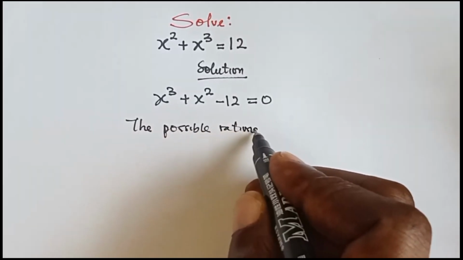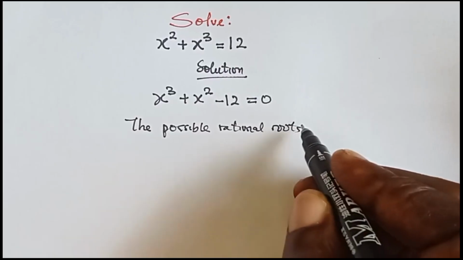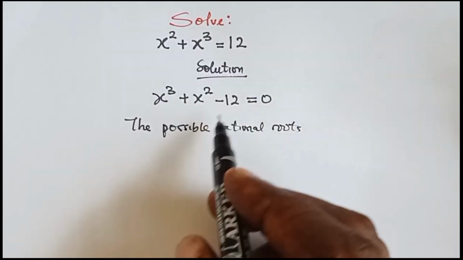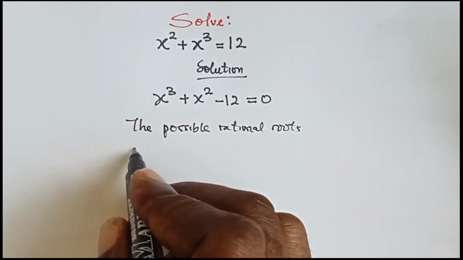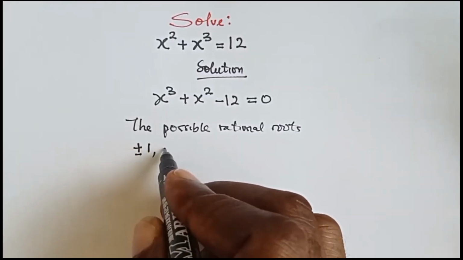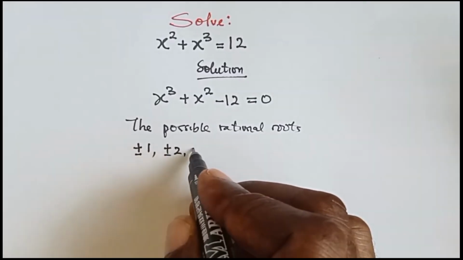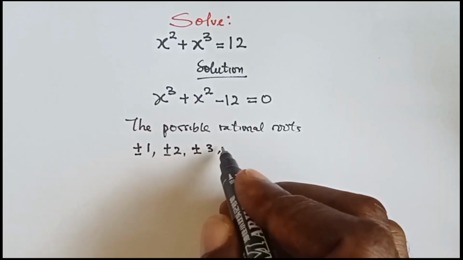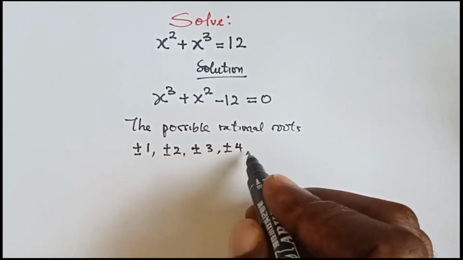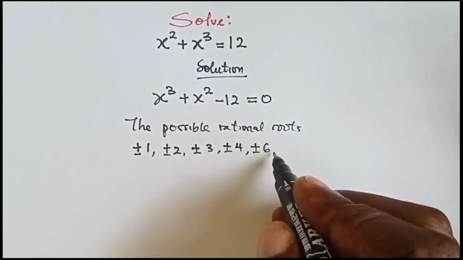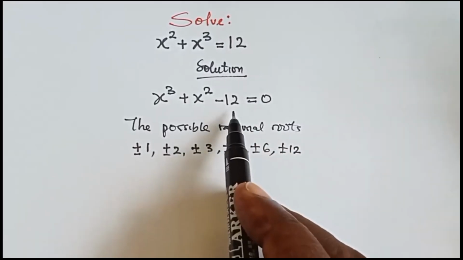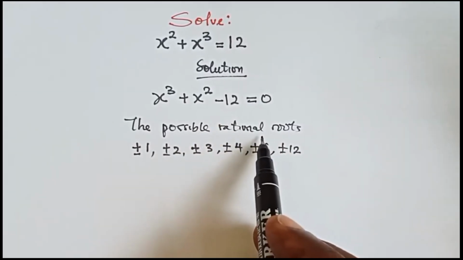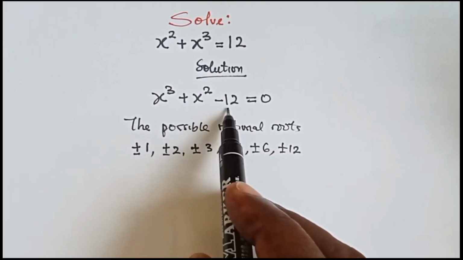The possible rational roots are the factors of 12, and that can be plus or minus 1, plus or minus 2, plus or minus 3, plus or minus 4, plus or minus 6, and plus or minus 12. These are the rational roots and the possible factors of 12.